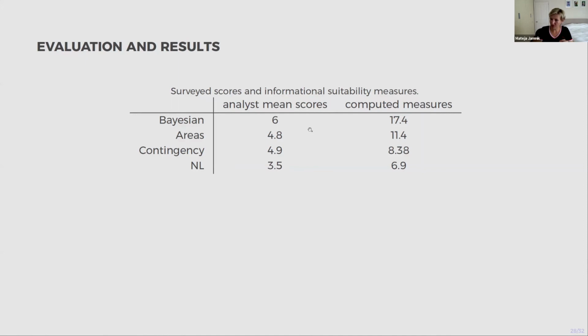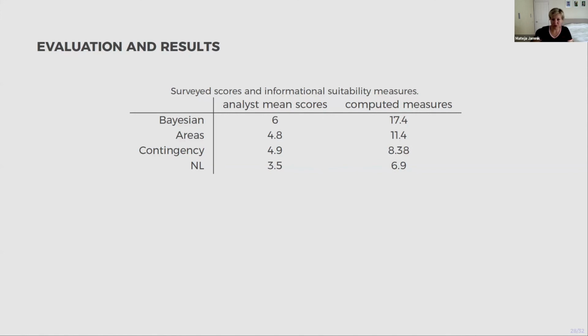So it's a very precise way of representing a problem. And natural language expectedly came last. And in between, we have a little bit of disagreement, but on average, I think that we were happy with this. And as we refine our measures of importance and strength, cognitive cost, I think these results will improve further.